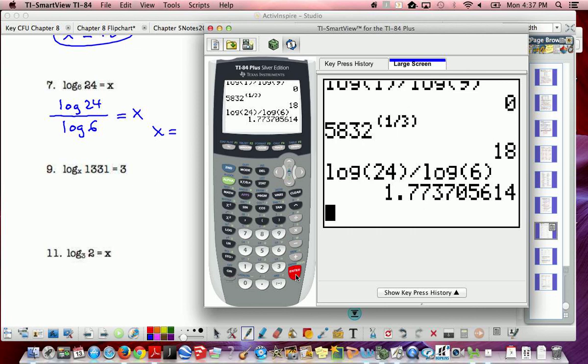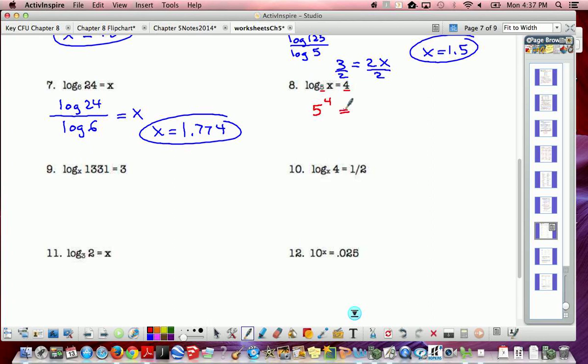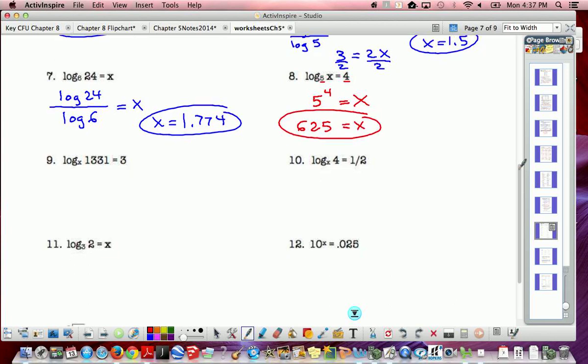And we get x to be 1.774. On the next one, let's do the change of base on this one. So base is 5, exponent is 4, the number is x. So if I take 5 to the 4th on my calculator, trust me, that's 625.